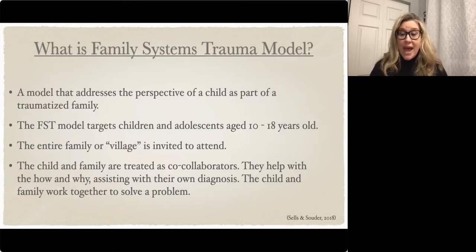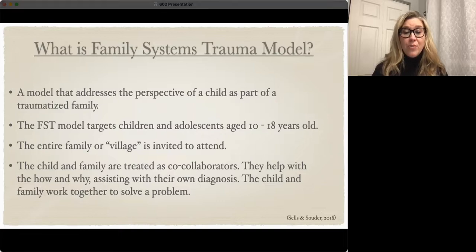They can be pastors, even foster parents are invited to come to the therapy sessions. The child and the family are treated as co-collaborators. They help with the how and the why. They assist with their own diagnosis. The child and family work together instead of against each other to solve the problem.